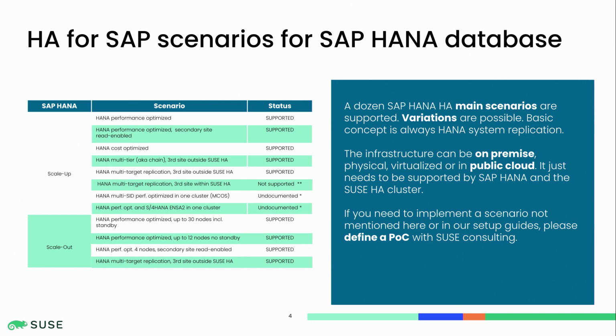And if you're looking in more detail into these setups, we have different use cases. And the basic message here is most use cases you can set up with HANA system replication are supported with our HA scenario as well. We have documented all supported use cases. We have documented what the special things are, how it has to be set up.